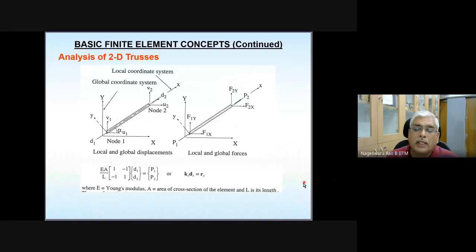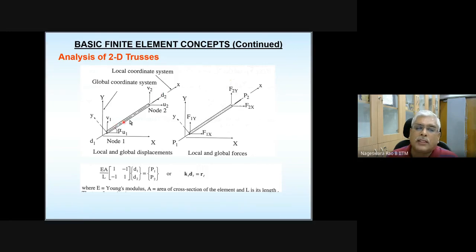It's basically a one-dimensional problem, except that the bar is inclined with respect to the global axis. Because of that inclination, the element equations for these bar elements are going to get modified. And we discussed in the last class how these element equations get modified.